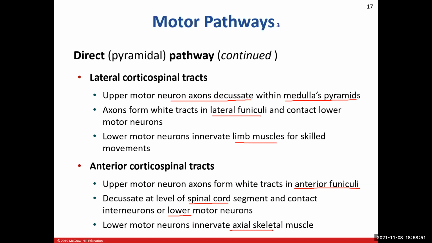You remember the axial skeletal muscles, we just had a test on all that. So think of the lateral corticospinal tract innervating your extremity muscles, the appendicular muscles, and then the anterior corticospinal tract is going to innervate your axial muscles.